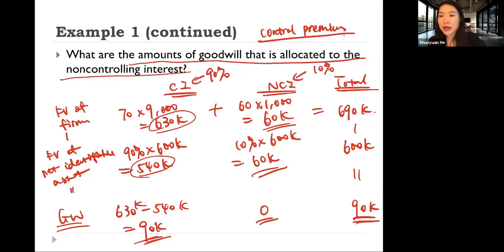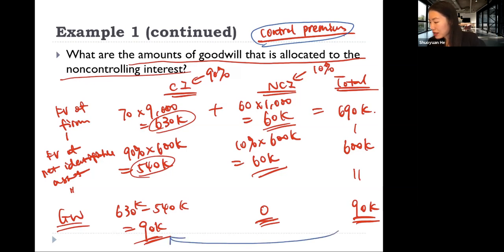So the goodwill which belongs to the non-controlling interest is 0. As you can see, because of the existence of the control premium, the goodwill allocated to controlling and non-controlling interest is not in proportion to the ownership percentage.